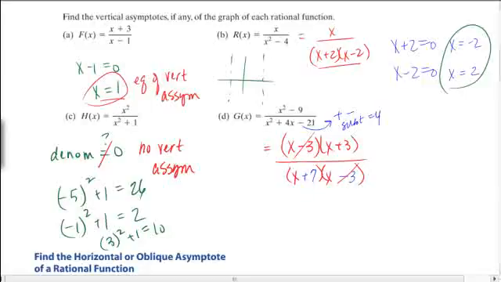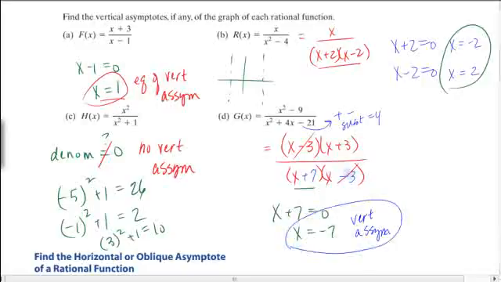It is this denominator factor of x plus 7 that I want to ask, where does that equal 0? That equals 0 at negative 7, which is the equation of the vertical asymptote, which is what I was asked to find.